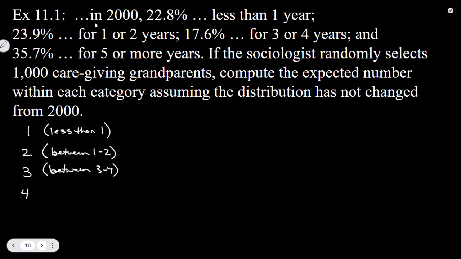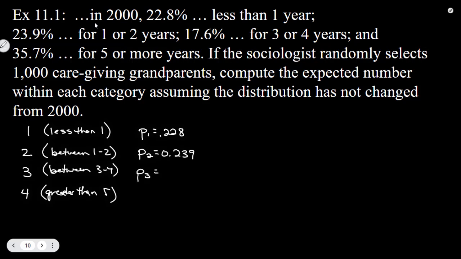And category 4 is 5 years or greater. Notice our categories are mutually exclusive, and we do have at least 3 of them. The percentage of each, so P1, according to this, is 22.8, so 0.228. P2, the probability of being in the second group, is 0.239.